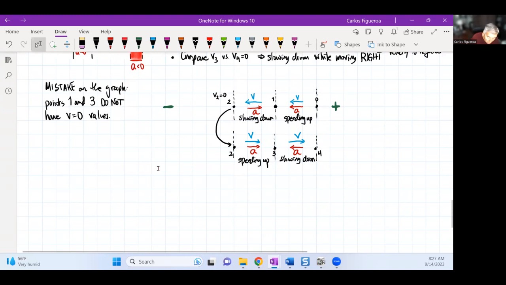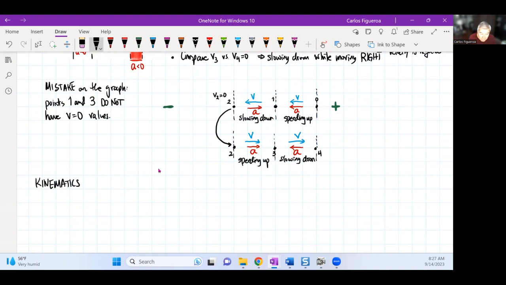So now, here we go. We're going to look at kinematics. And this is the toughest part of the chapter. So what we're looking at is one-dimensional motion with constant acceleration.